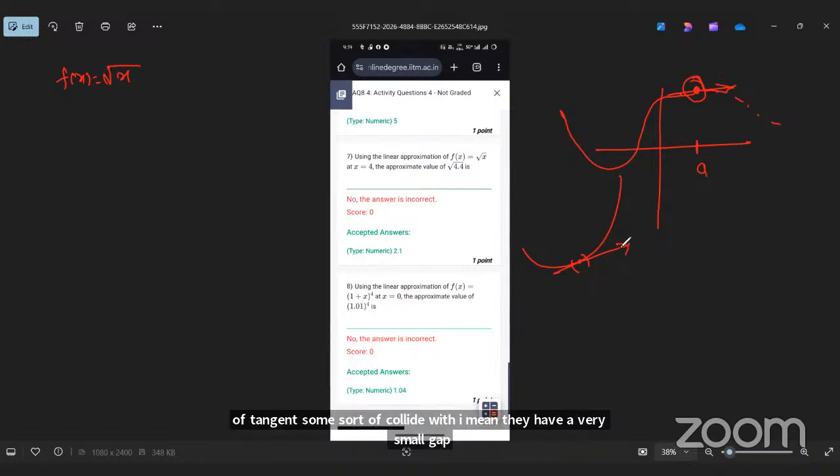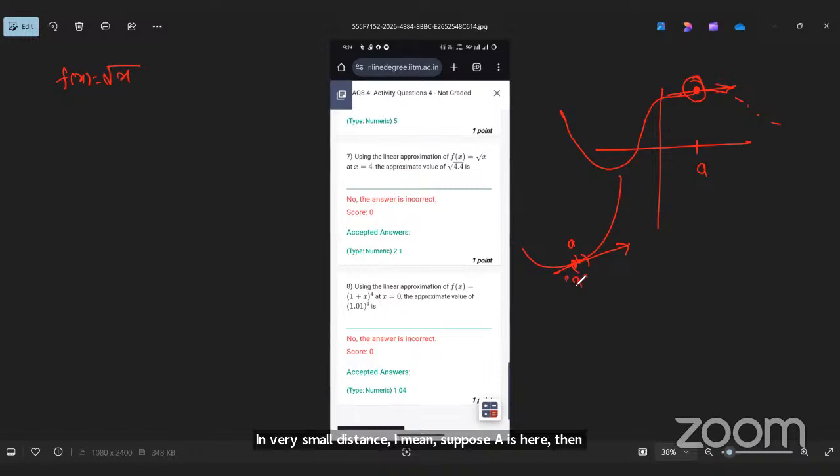So in a very small distance, suppose A is here, then very near to A, if we have any point X, we can say that the approximate value of the function, not exact, approximate, at this X can be given by the equation of the tangent. Ma'am, it is a kind of smoothing, correct? We are smoothing the function and then trying to estimate, right? Right, the same thing. In place of smoothness, we just have that the function is differentiable once. So we can use the tangent equation, right?